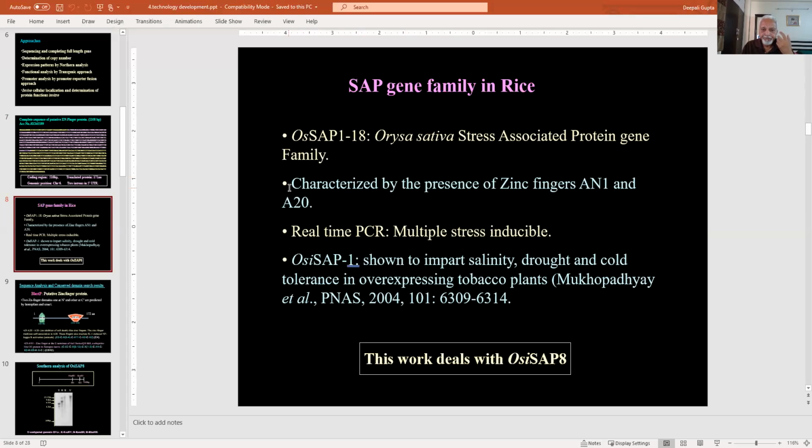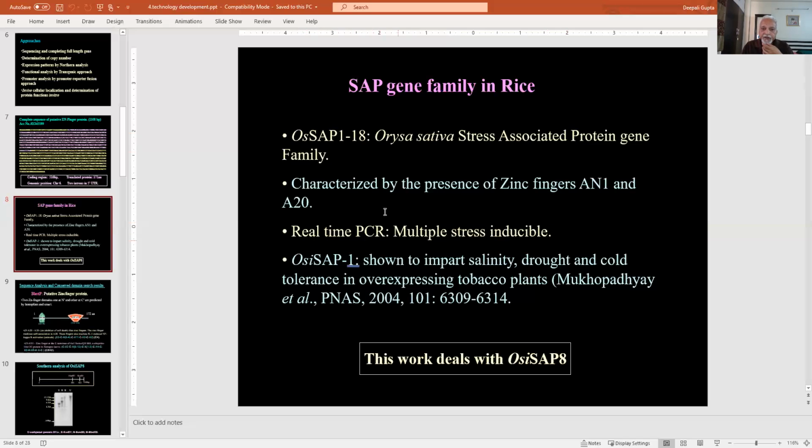And this gene family is characterized by the presence of two functional domains, what we call zinc finger AN1 and zinc finger A20. ZNF AN1 and A20 functional domains. So this is the characteristic of this SAP gene family. Now, in another group in India, all the 18 members were looked at for their differential expression by using real-time PCR.